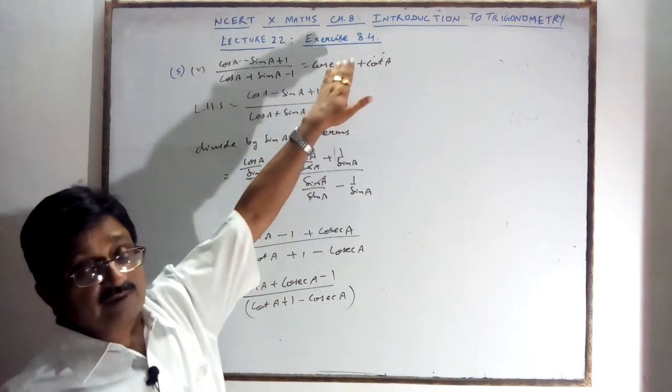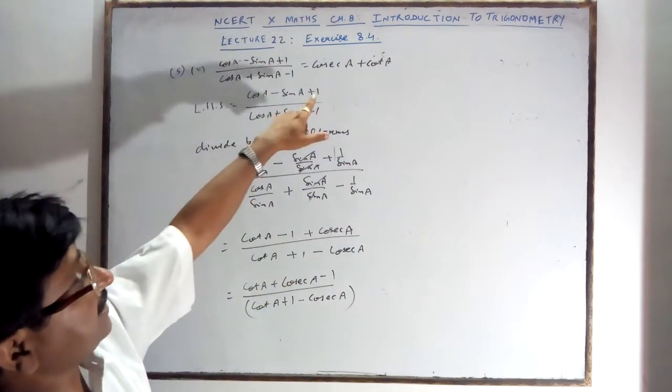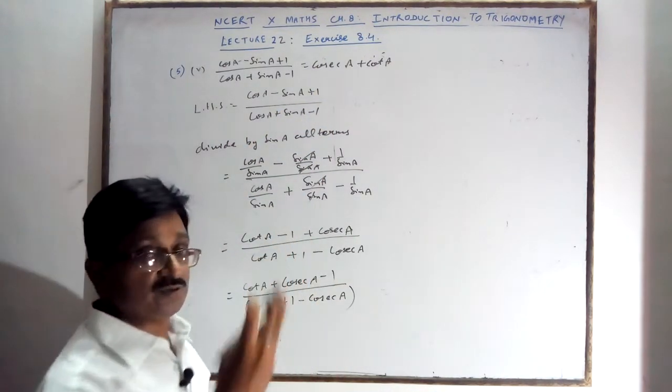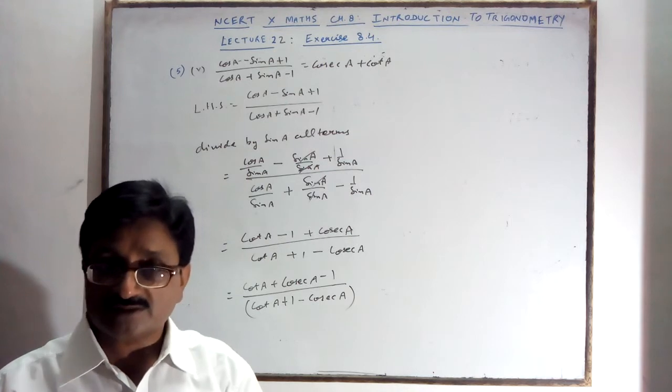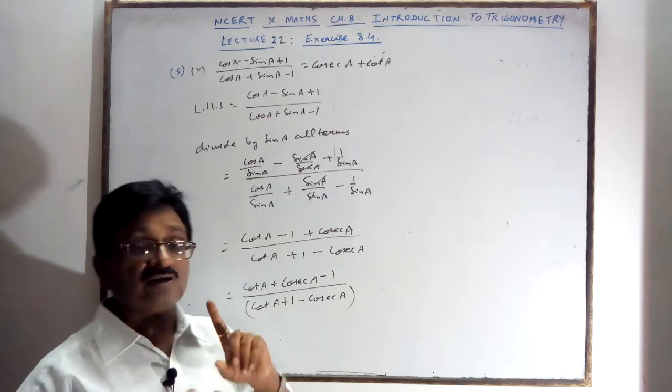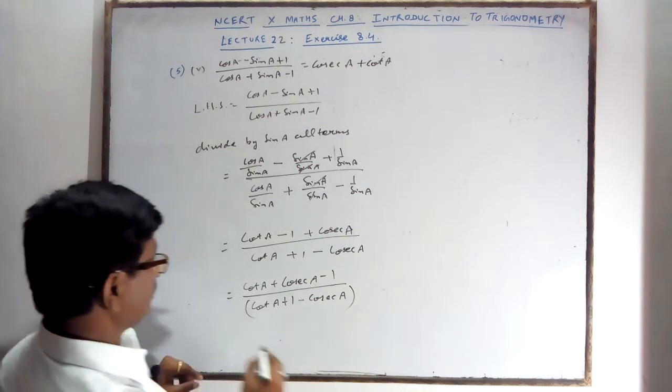Numerator: in the example I told you to work on the denominator, here I am telling you to use the numerator. 1 is replaced by 3 values: sin square theta plus cos square theta, sec square theta minus tan square theta, or cosec square theta minus cot square theta.